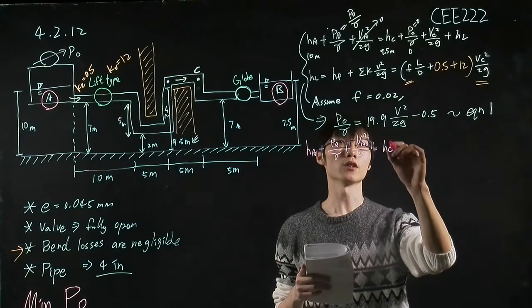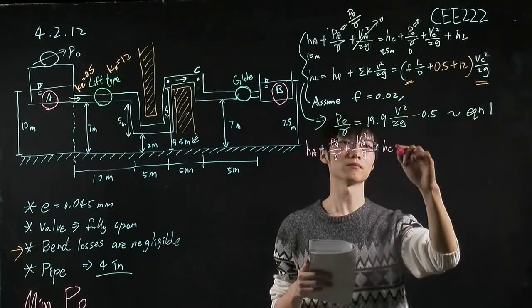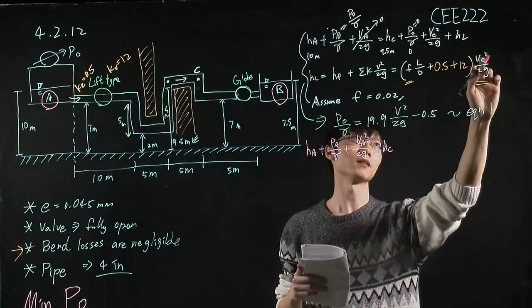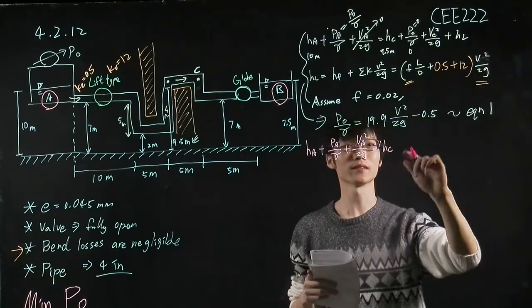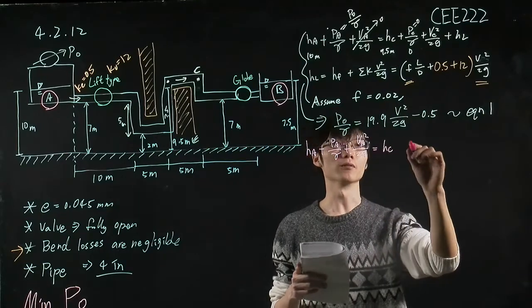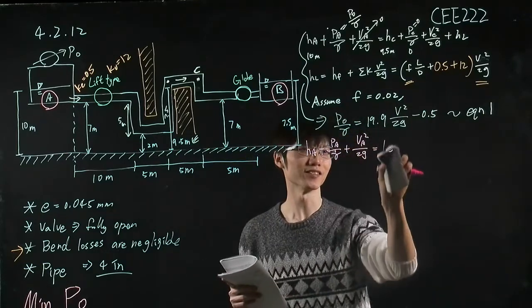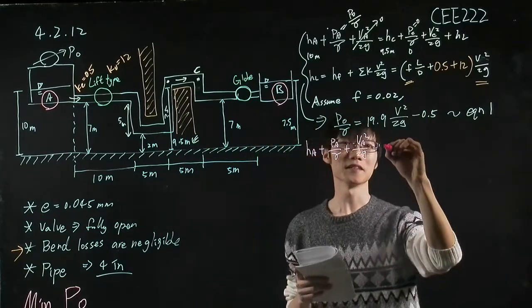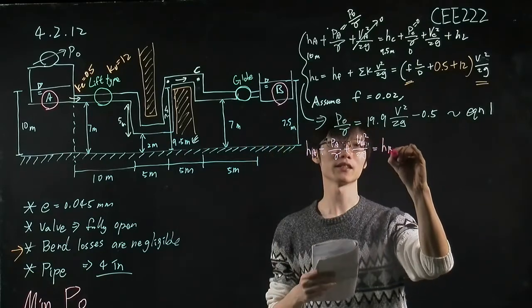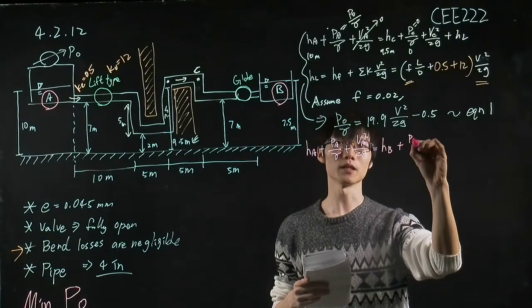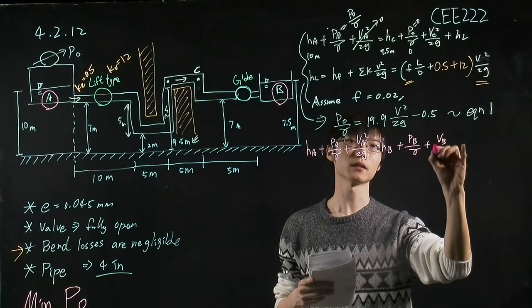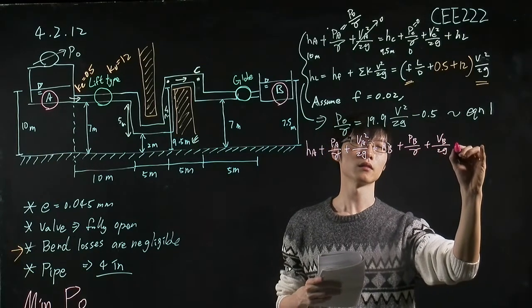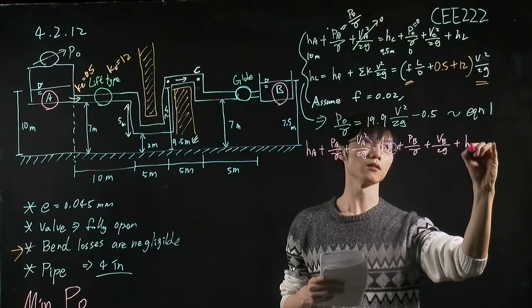Okay, so yeah, let me erase this to reduce some confusion. Okay, sorry, I write HB, right? Plus PB plus VB plus the head loss.